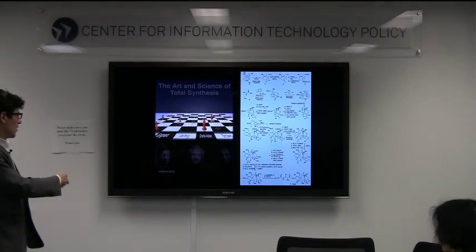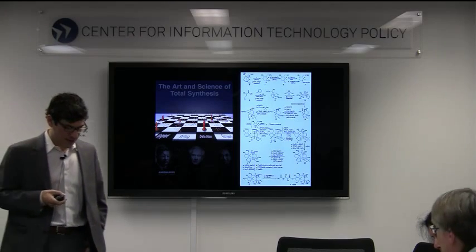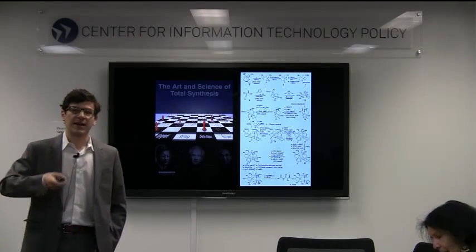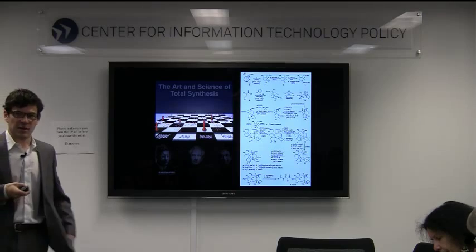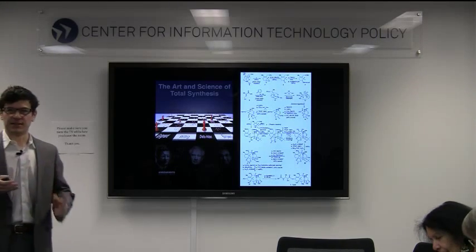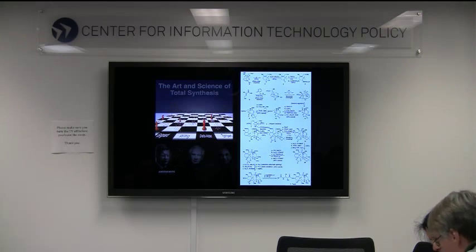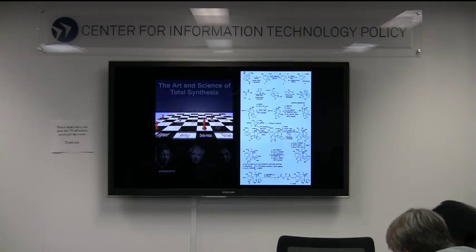Like the moves in a chess match, as you saw here, or the strokes in an artwork, or episodes in a daring adventure, synthesis is portrayed as a brilliant, artful, skilled achievement of human chemists. And for most of the 20th century, as you can see down here, mostly male chemists.